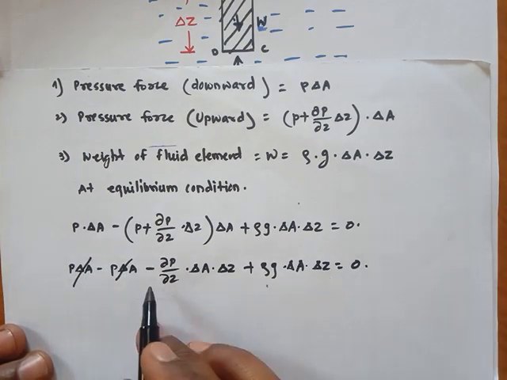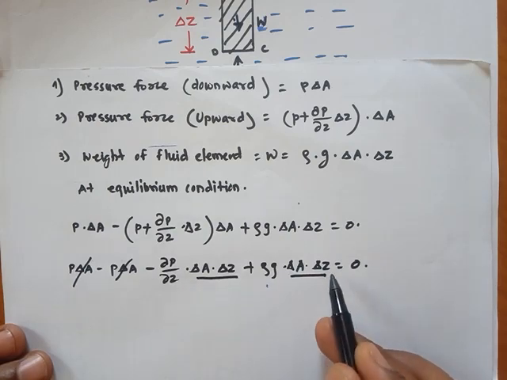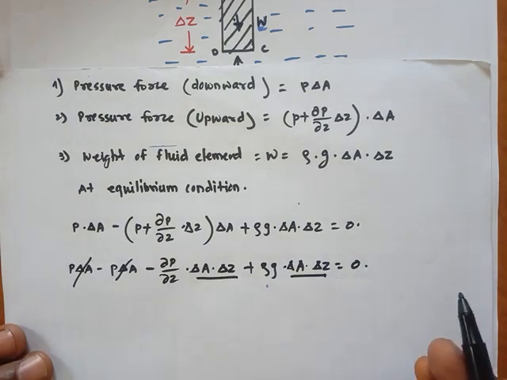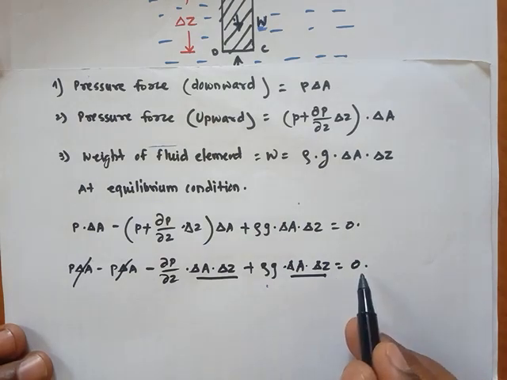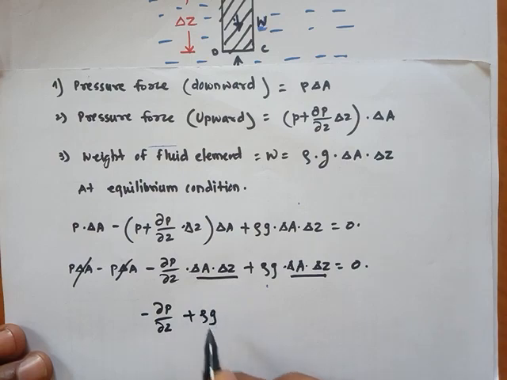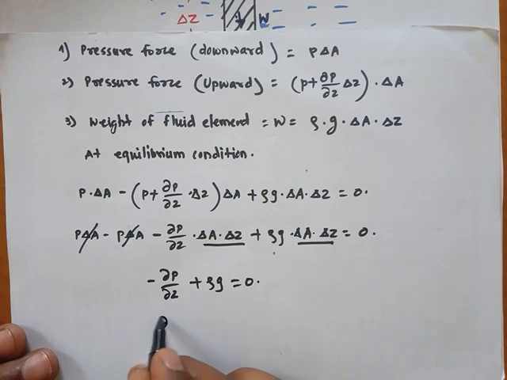What is remaining? The volume element is common, so if we take it common, and the right hand side is 0, we have minus delta P by delta Z plus rho g is equal to 0. If you solve this, we have delta P by delta Z is equal to rho g.